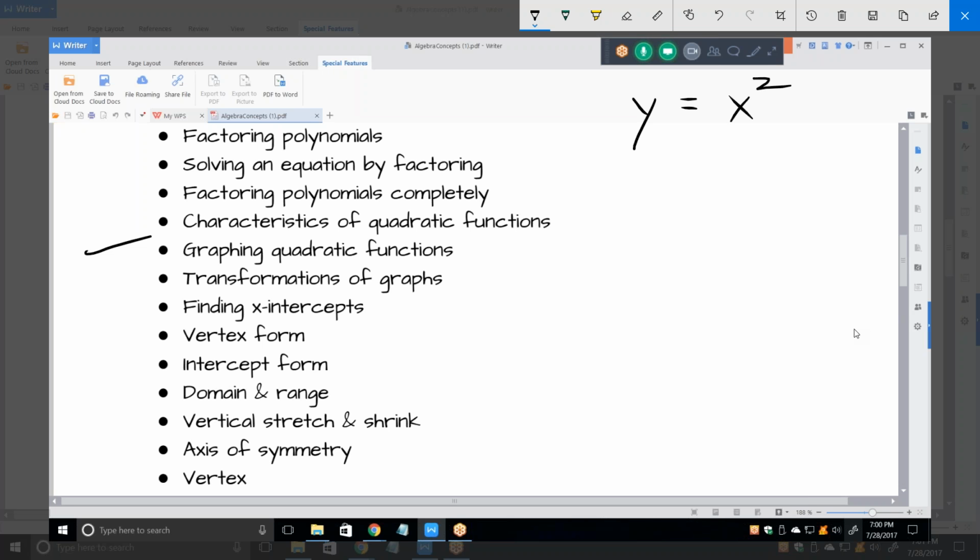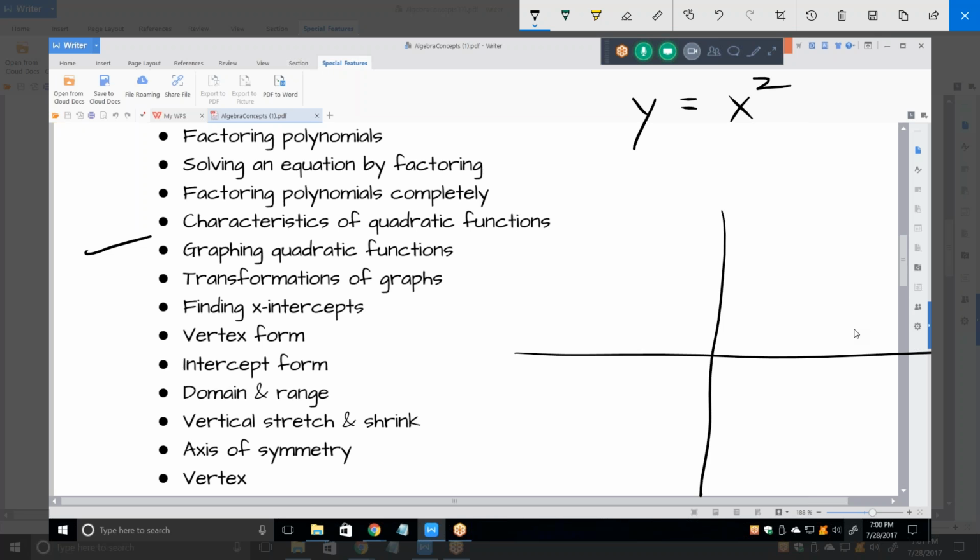That is the basic quadratic. Okay? Now, if I said graph that, give me 1 point that's on the graph. I'm not sure.